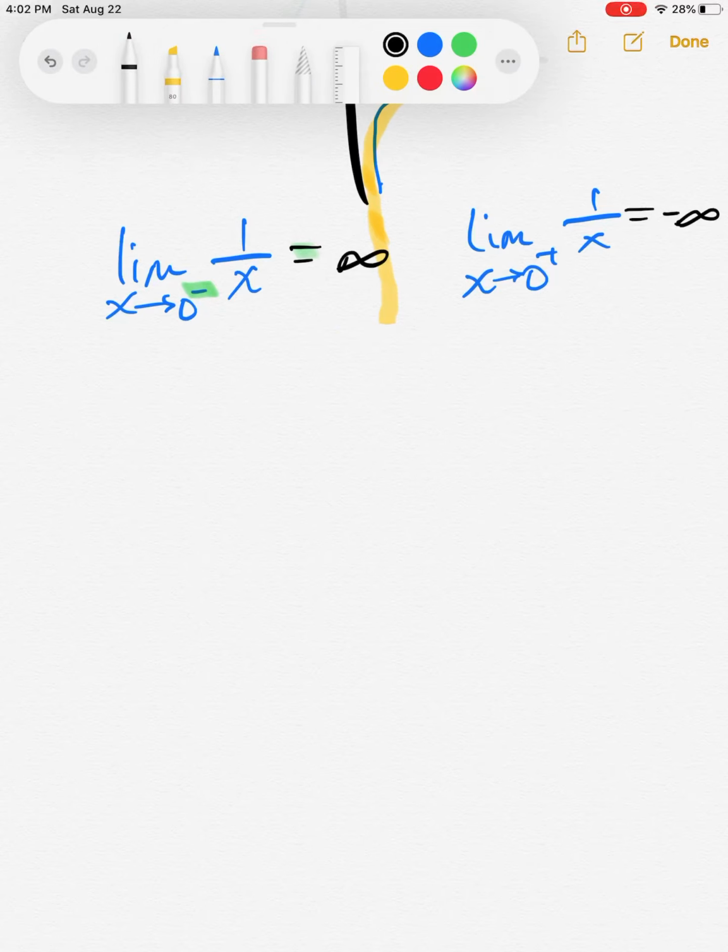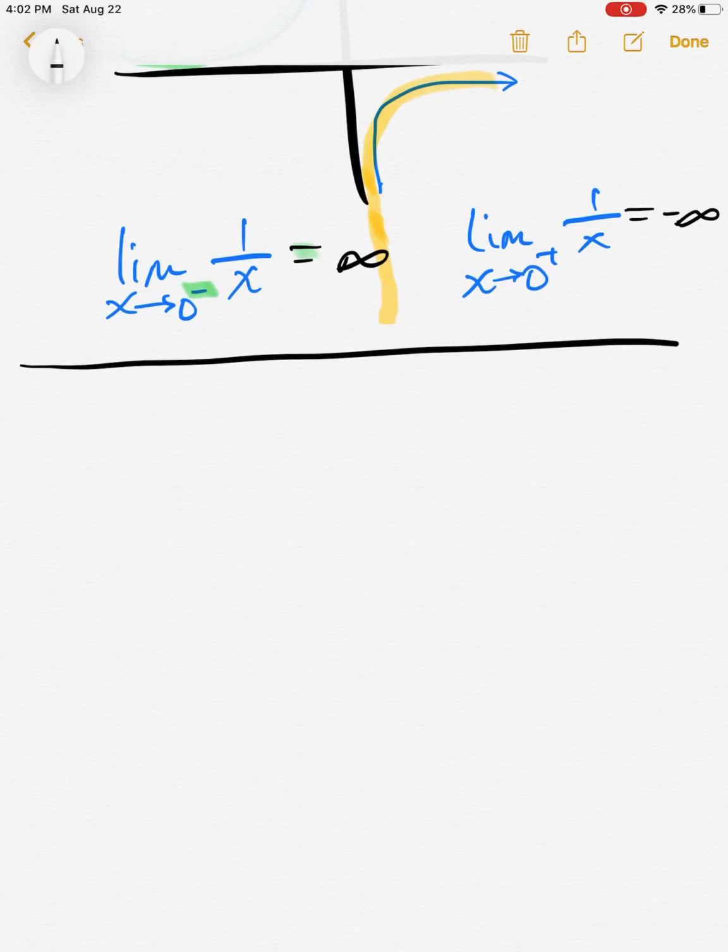Now let's look at when the x value itself is approaching infinity. So let's look at something like this. I want you to look at this.